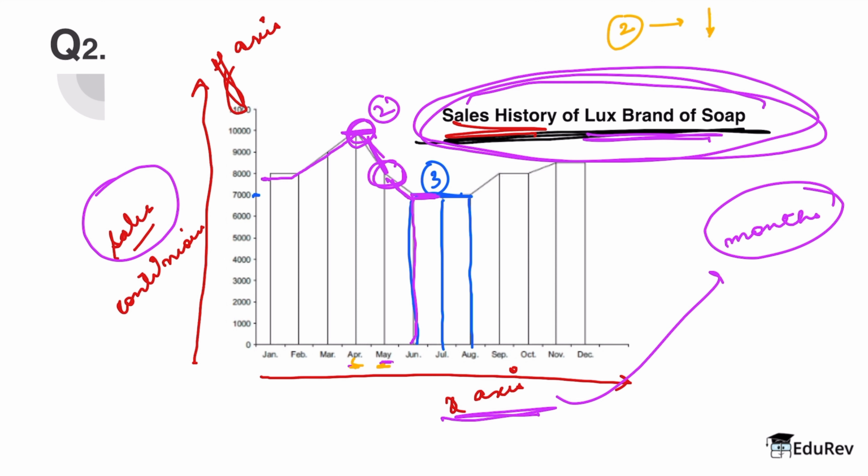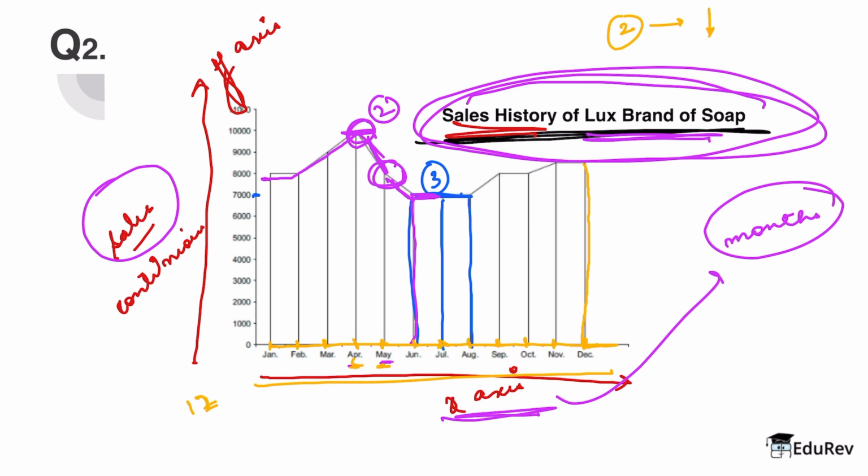Now comes to the non-decreasing one. Obviously there are how many months given? There are 12 months given, correct? But for December there is no analysis, because till December we are calculating. See, this is where January started. From here it's January, then Feb, then March, then April, May, June, July, then August, September, October and November. So there is no analysis of December.